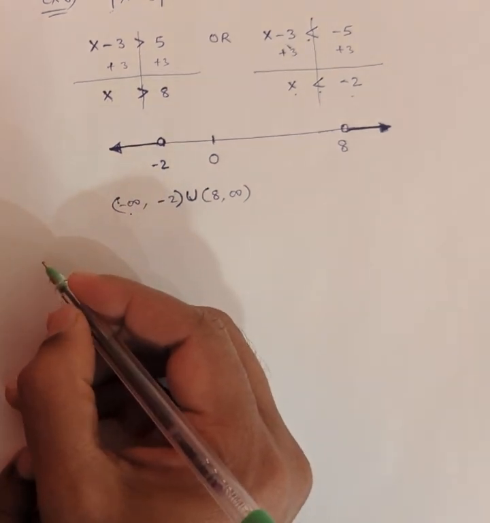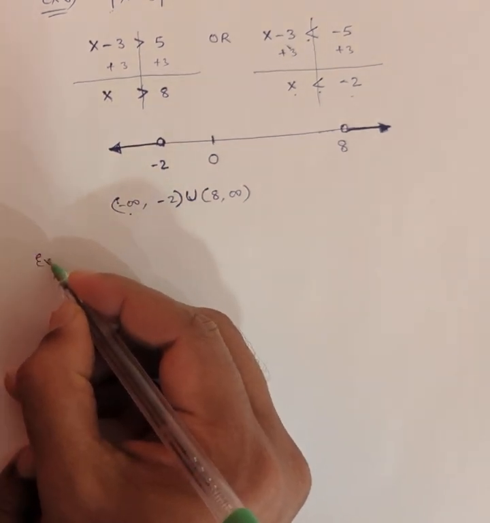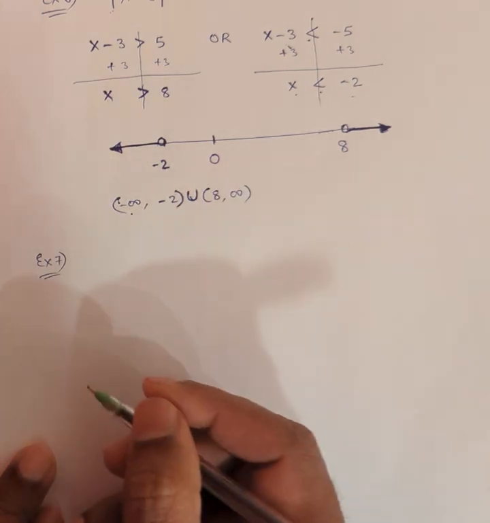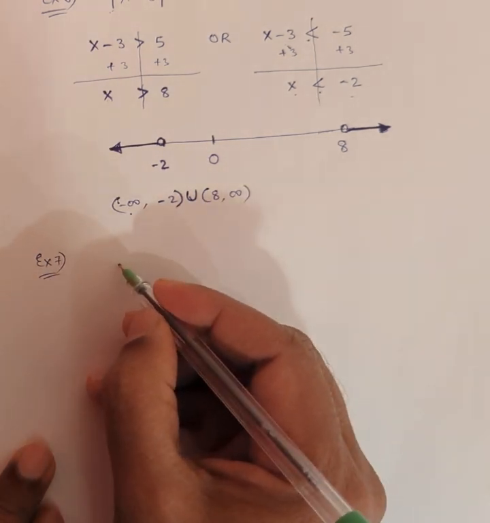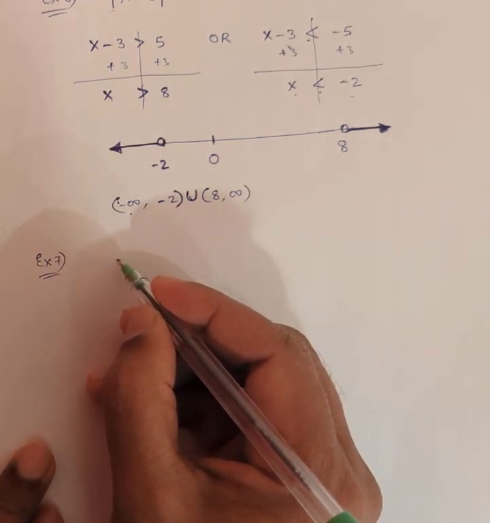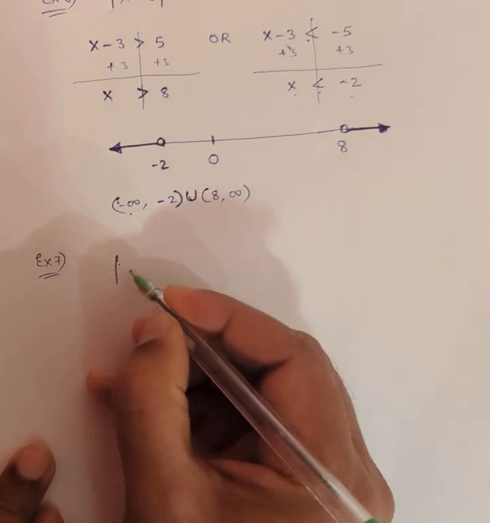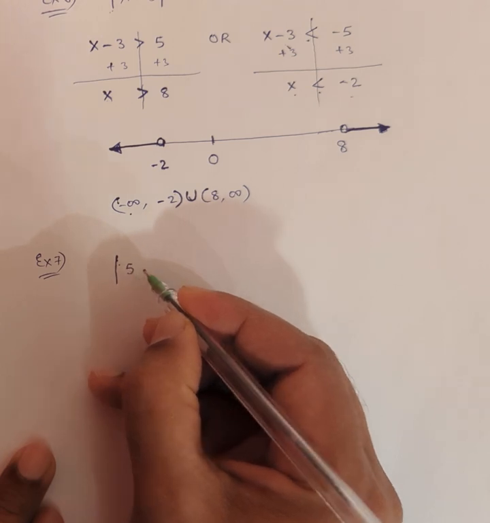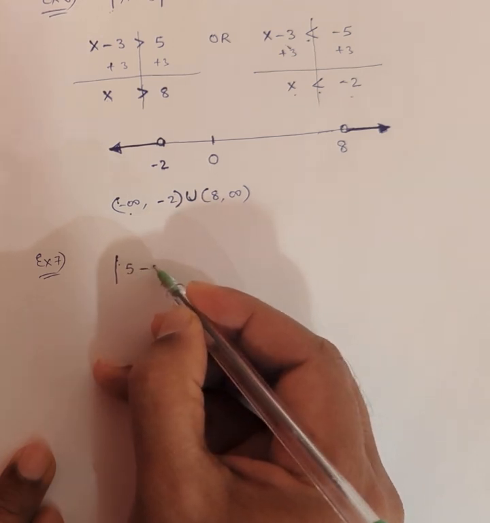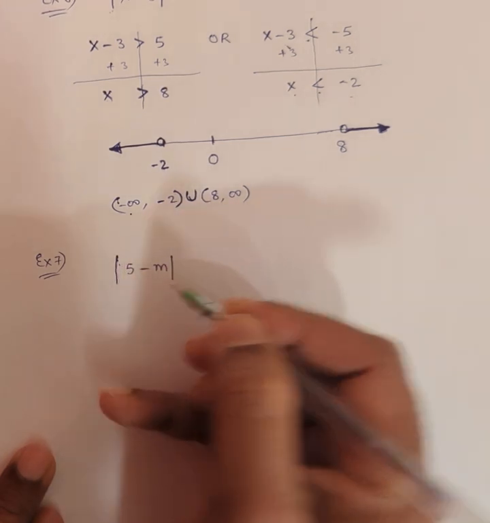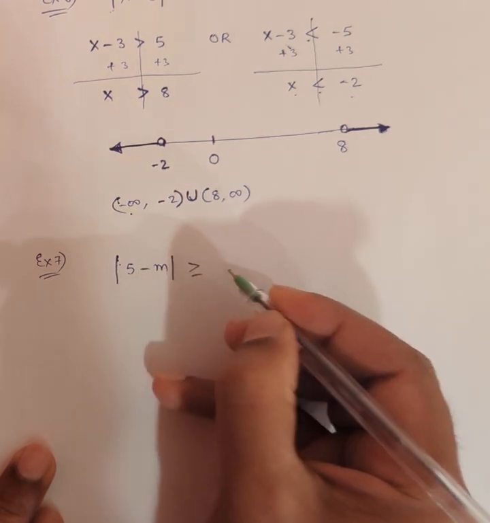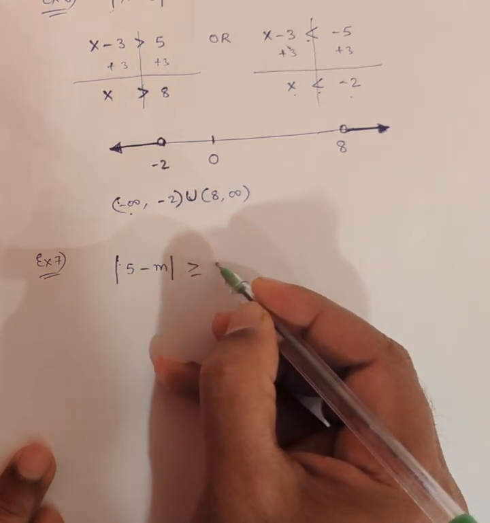All right, let's look at example 7. How about if I have something like, say, absolute value of 5 minus m is greater than or equal to 2.